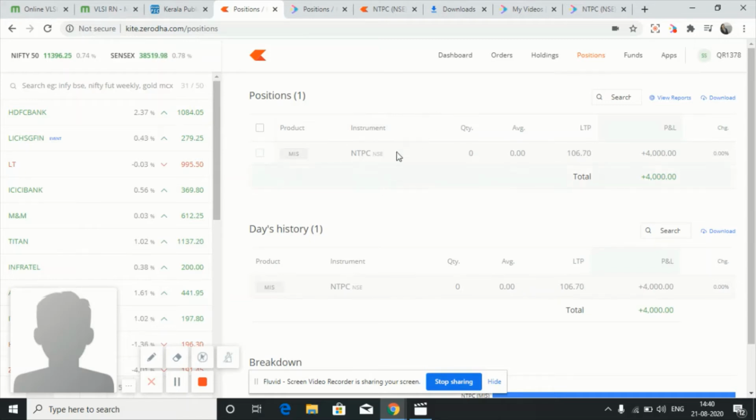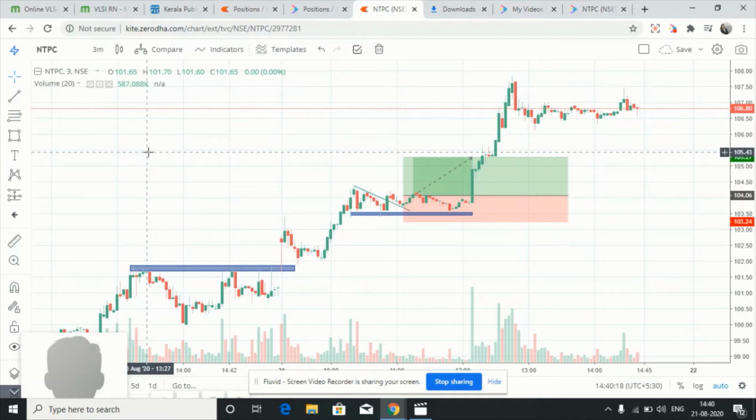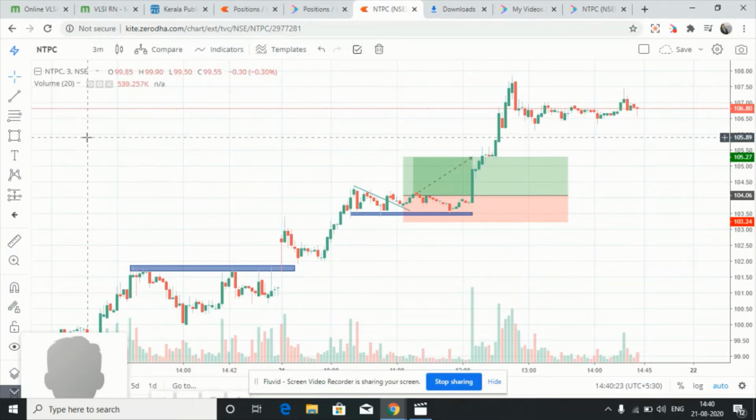So today we have worked on the NTPC stock and booked a profit of 4,000. The first aim is stock selection: why do we take the NTPC stock? Let's see the chart of NTPC. When we go through a stock, we look at it in a longer time frame.